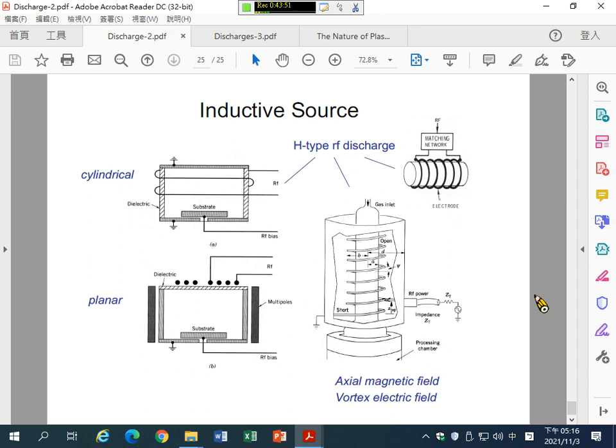In the chapter on the nature of plasma, we have already learned that it depends on the gas pressure. If the gas pressure is higher than a few torr, or higher than 10 torr, the plasma behavior is thermoplasma.